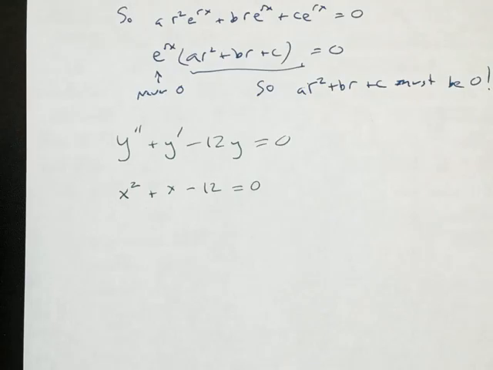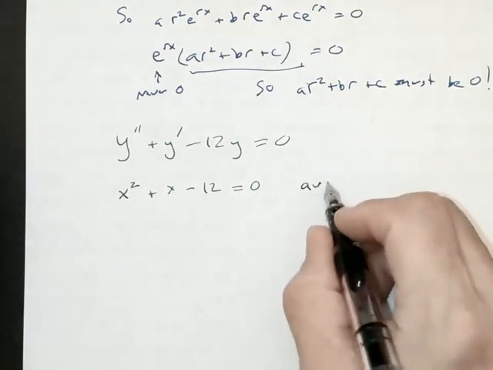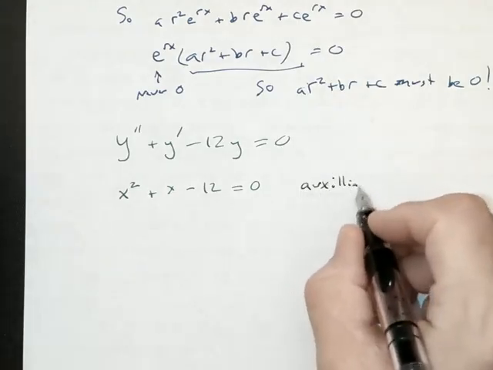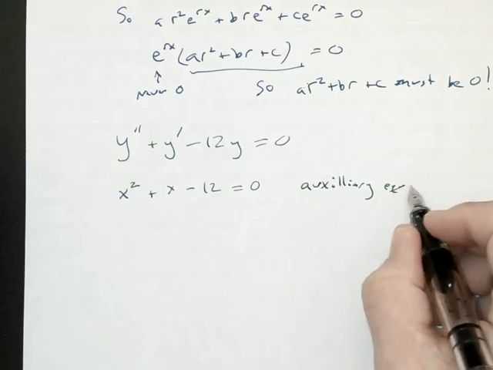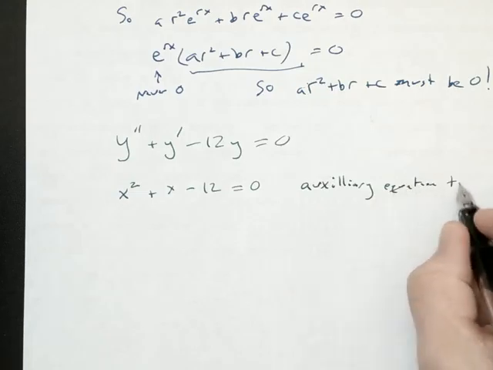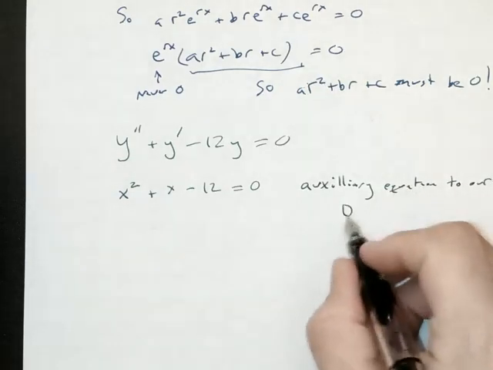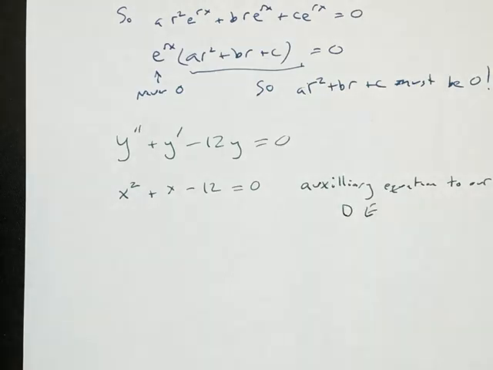This is called the auxiliary equation or the characteristic equation for the differential equation. And I want the roots of that. Ladies and gentlemen, solve this quadratic equation.